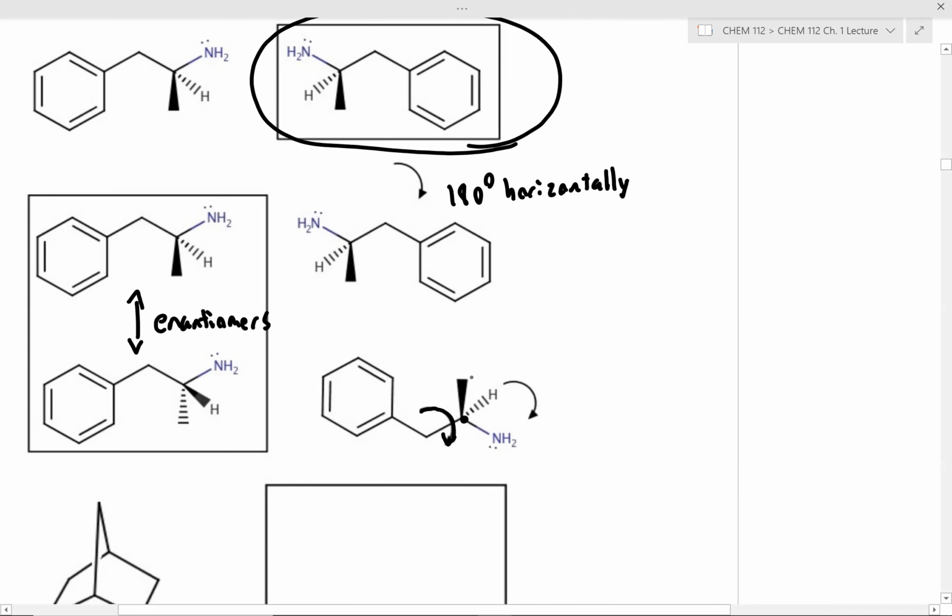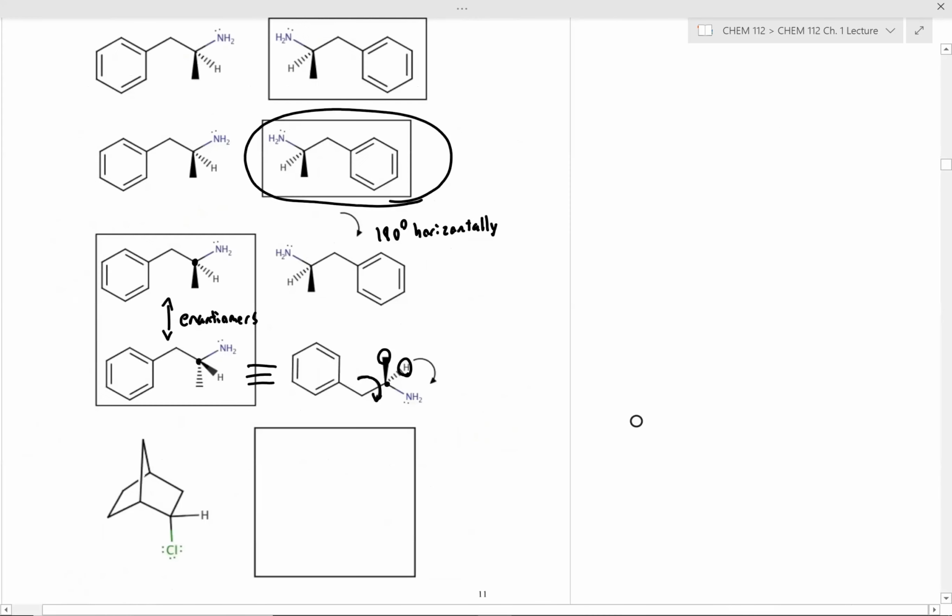The quickest way to do that is, when you draw your amine pointing away from you, you change this dashed hydrogen to a wedge, and this wedged methyl to a dashed. So after rotation, you'll end up with the following structure. And as we can see, if we compare the arrangement of substituents on our stereocenter, our substituents have the exact opposite stereochemistry at each of our stereocenters. So these two structures are in fact enantiomers.